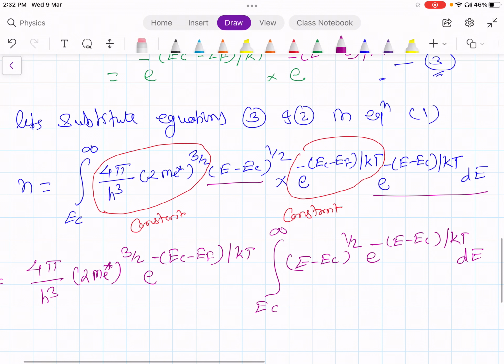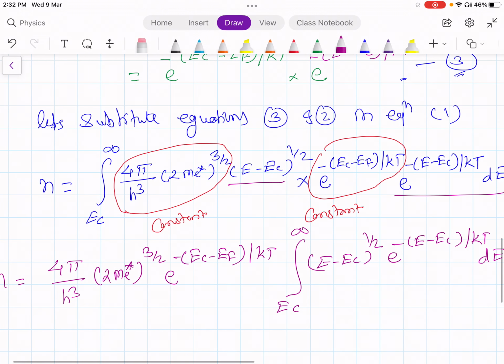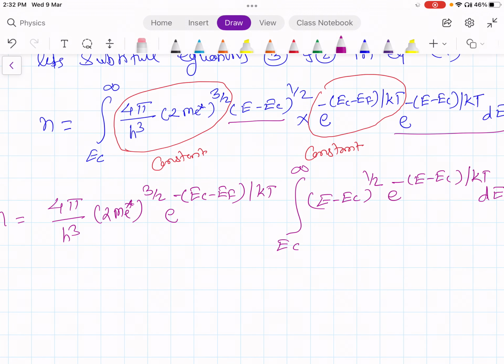Now to solve the integration, we are going to use a standard formula.